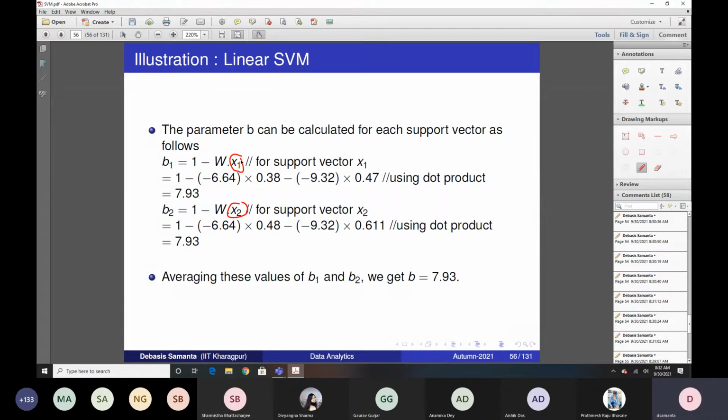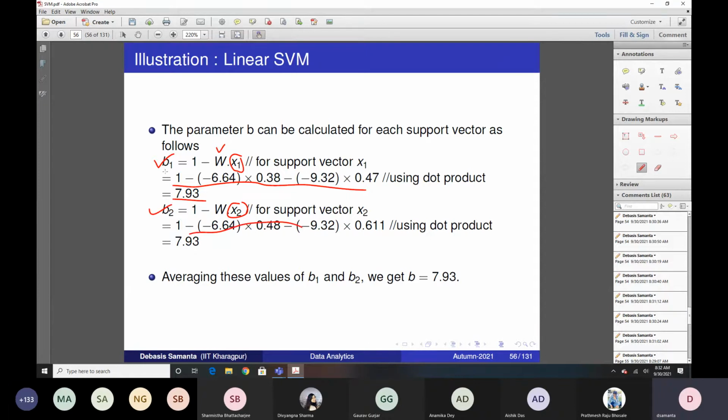Now W we have already learned in the last calculations, and W dot x1 is a vector product, actually a dot product. So it will give you this, 7.93. Similarly B2, this is the B value satisfying the first support vector, and this is the B2 satisfying the second support vector. Then it will give you this value.